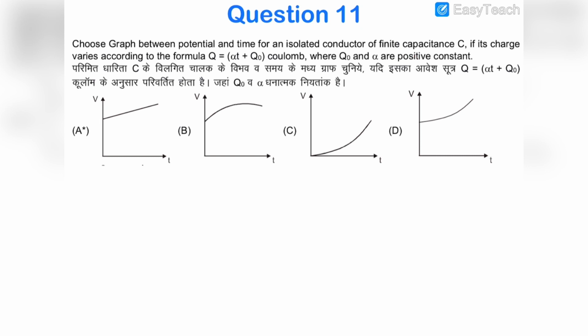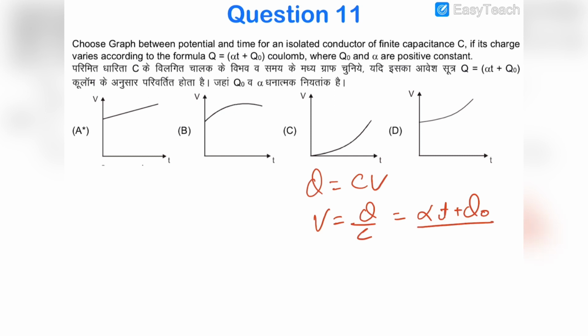You can see that Q is equal to CV and V will be equal to Q by C. So Q is alpha T plus Q naught, divided by C. So this is a straight line obviously. So the correct answer would be A. Now we move on to the next question.